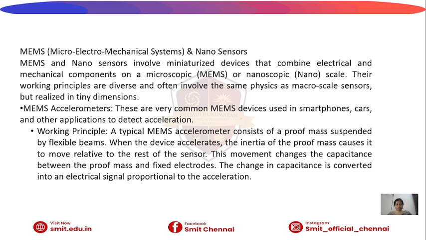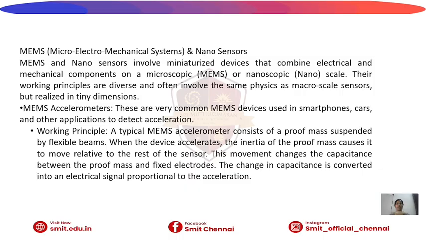We can take one example for a MEMS sensor, which is accelerometers. An accelerometer measures vibration, and is widely used in smartphones, cars and other applications. We take the output from the accelerometer by using capacitance. Actually the vibration is the input quantity that is transferred to the output quantity.